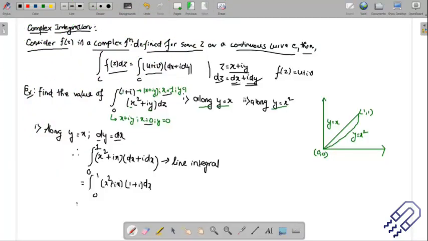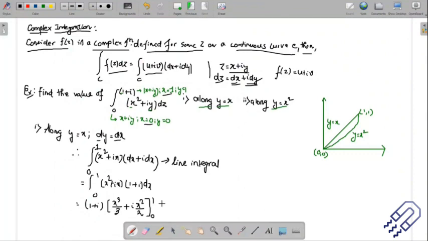I have 1 plus i outside, and inside dx, x square. So we can have it as x cubed by 3 plus ix dx, so it is i x square divided by 2, and the limit is 0 to 1, right?